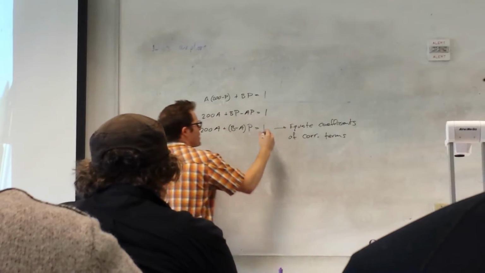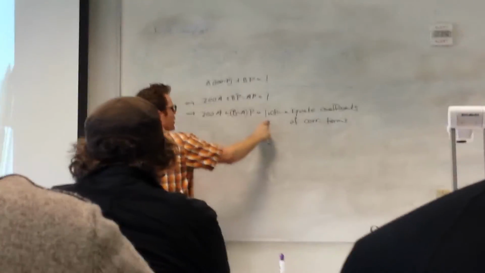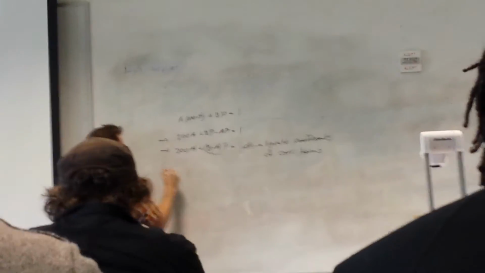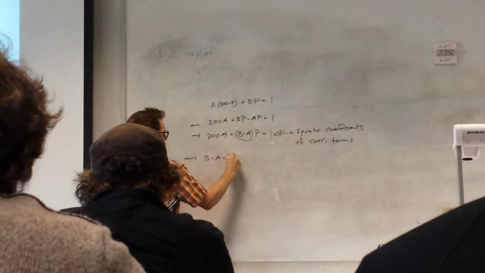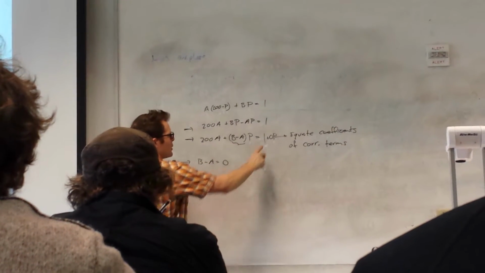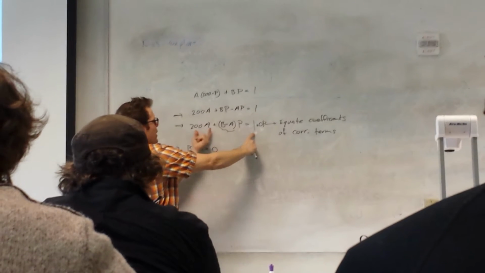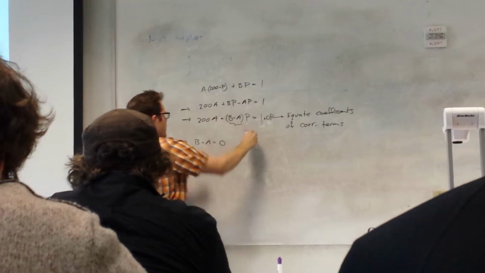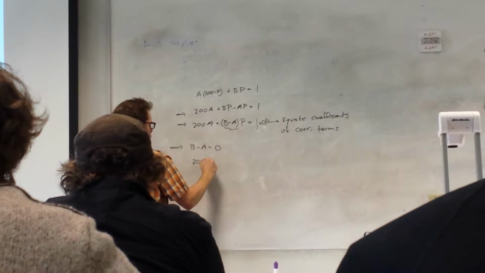All right, so the idea being that this is the same as 1 plus 0p. There is no variable over here, so b minus a has to equal 0, right? And so b minus a has to match that 0, and that must be the 1: 200a equals 1. So in this case, you just get 200a equals 1.